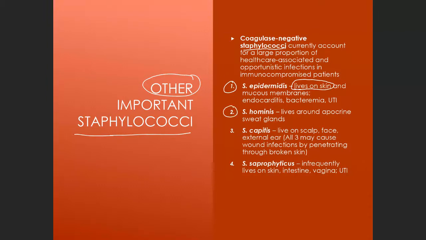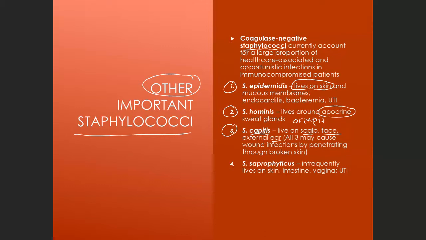Staphylococcus hominis is also on the skin, but especially around the apocrine sweat glands, the glands that produce stickier sweat, maybe under the armpit. That's where the apocrine glands are located. Staphylococcus capitis, as the name tells you, lives on the cap or the head, mostly on the scalp, face, and ear.